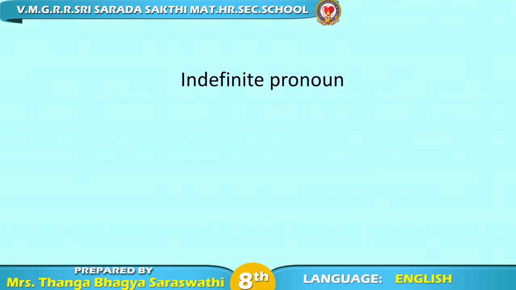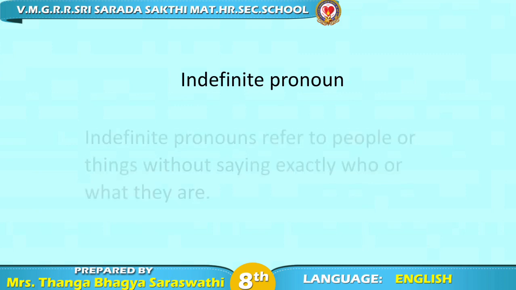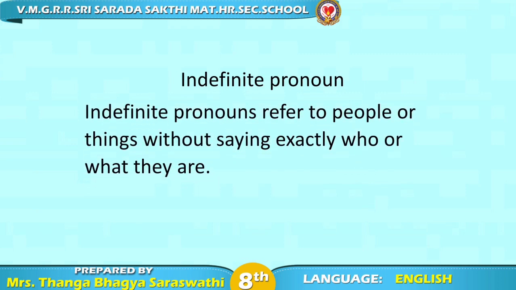Next one is indefinite pronoun. It refers to people or things without saying exactly who or what they are. So here we couldn't find any clear idea. They are used to mention things not in an exact manner.